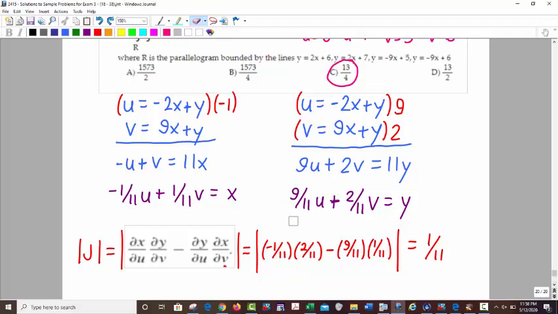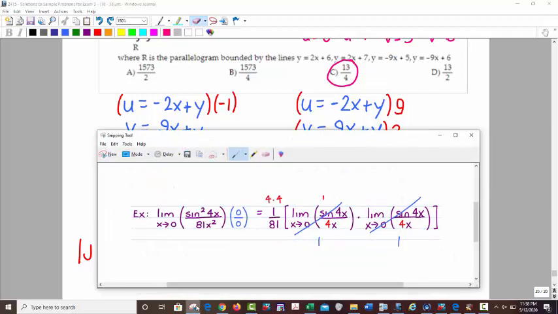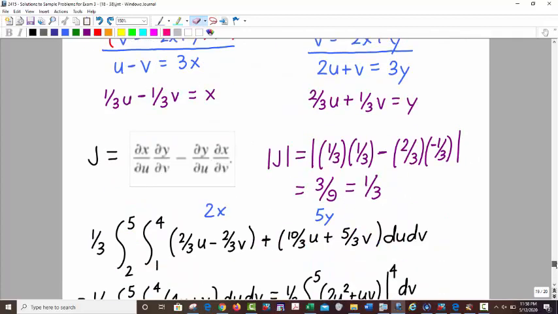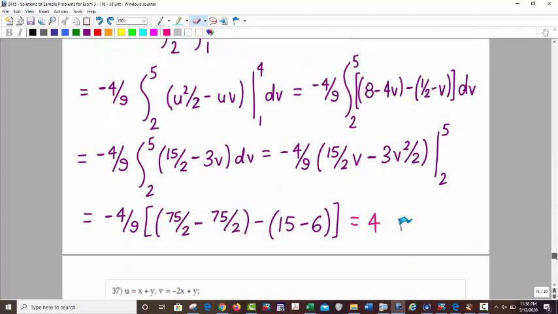So let's take a look at the Jacobian. We're going to have the partial of, let's see if that's still snipped in here. No. Can bring this back down again.